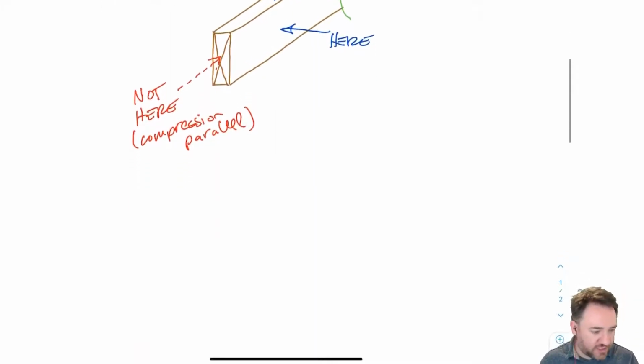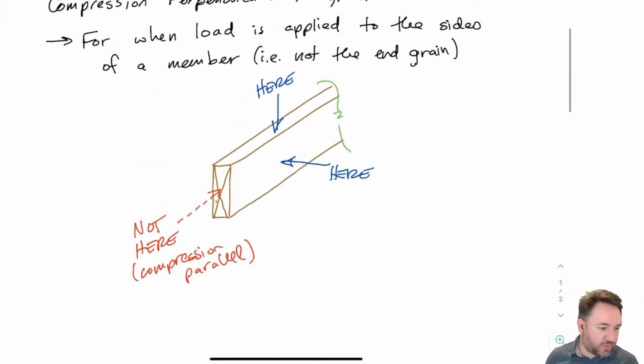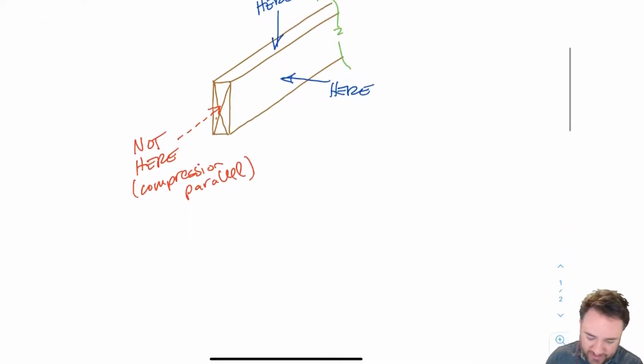Well, the failure criterion for compression perpendicular to grain actually happens to be a deflection criterion, which is a little bit strange, because even though it's a deflection criterion, we are going to treat it as if it is a direct strength criterion, and we're going to see how that's done.